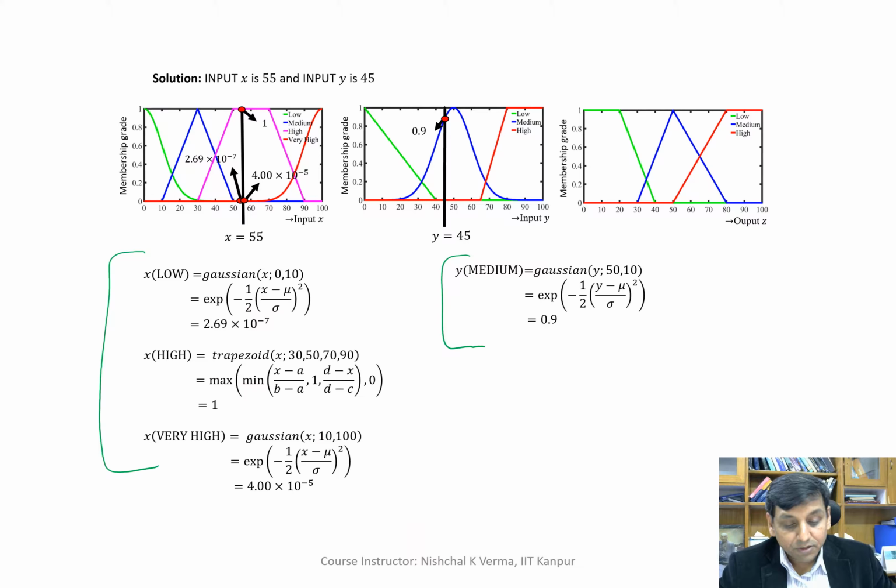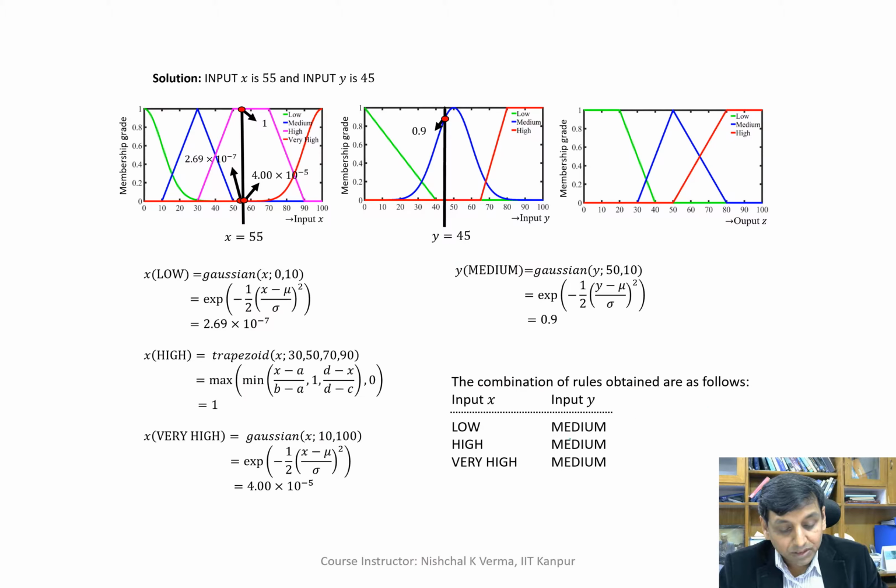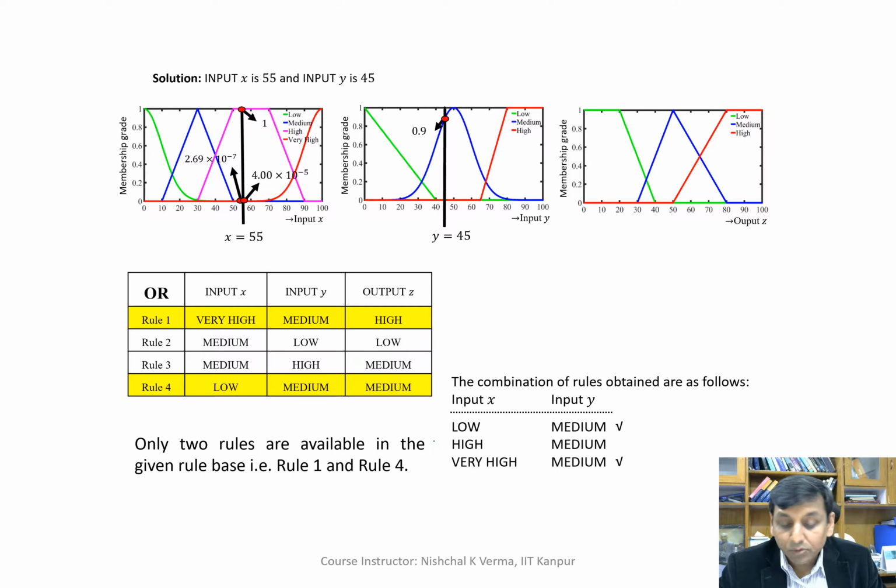Since we have these input combinations here, low, medium, high, medium, and very high, medium, let us check whether these combinations exist in the rules that are provided. We see that we have been given only 4 rules, and in these 4 rules we have 2 rules which take our combinations, the highlighted ones: low, medium, and very high, medium.